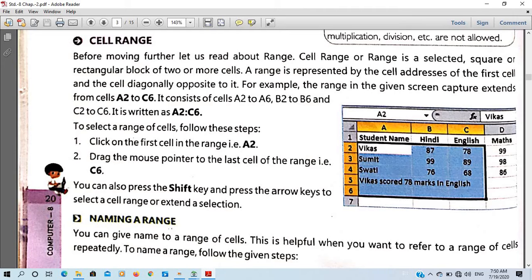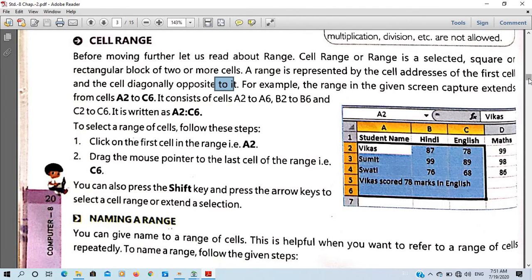Like this you can understand what a cell address is. So we represent a range of cells with the help of the cell address of the first cell and the cell diagonally opposite to it. Up to here you can write the definition of cell range.